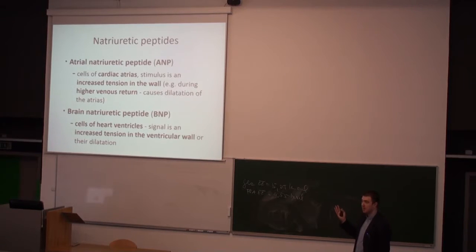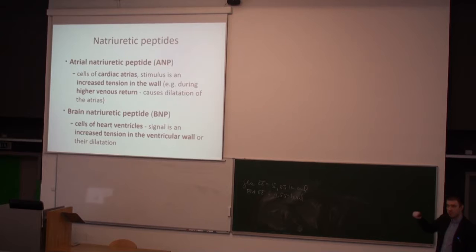That can be done by releasing sodium and water in the kidneys to the urine, and therefore the total amount of sodium and total amount of water will be lower. And this will return the flow of blood into the heart to the normal value, leading to lower tension, and therefore the feedback will cancel or terminate the secretion of these hormones.